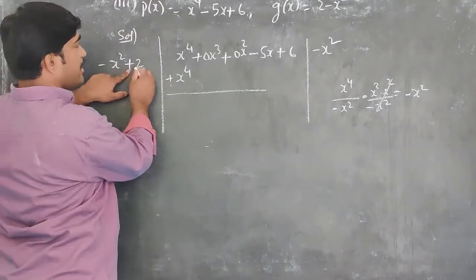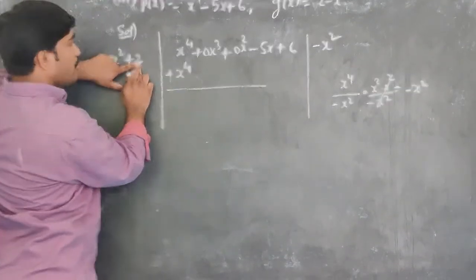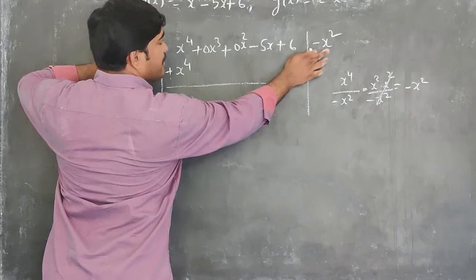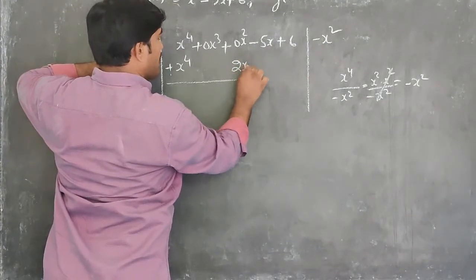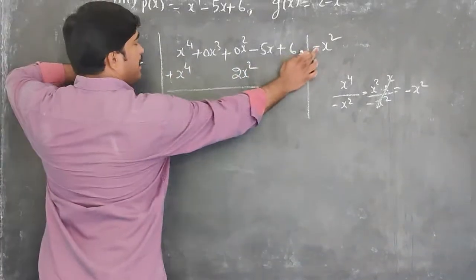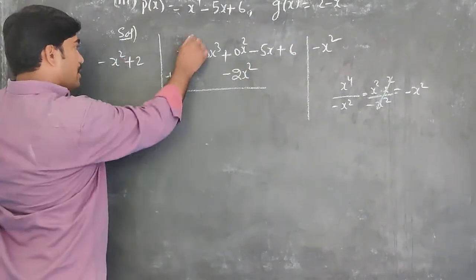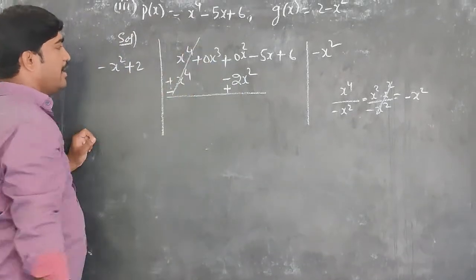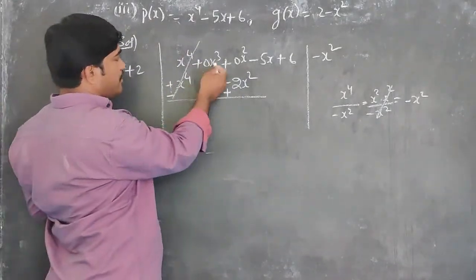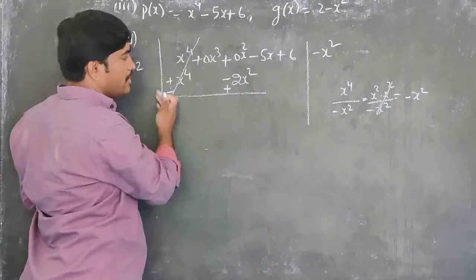Now plus into minus: this is 2 into x, wherever it is x square, I should write at the x square term. 2 into x square, 2x square, and plus into minus, minus. Now change of sign, minus, plus. So this gets cancelled. Now what is the term here? 0. This is 0 having no value, so leave out this term.